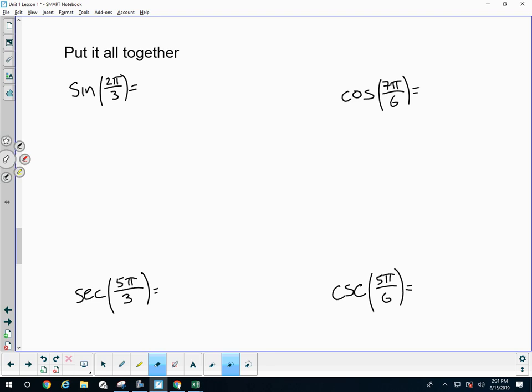So I'm thinking taller triangle, sine deals with opposites or vertical distances, always on the unit circle. So my vertical distance of my tall 30, 60, 90 triangle is a longer distance. It's the root 3 over 2. That is how I know that this is root 3 over 2.